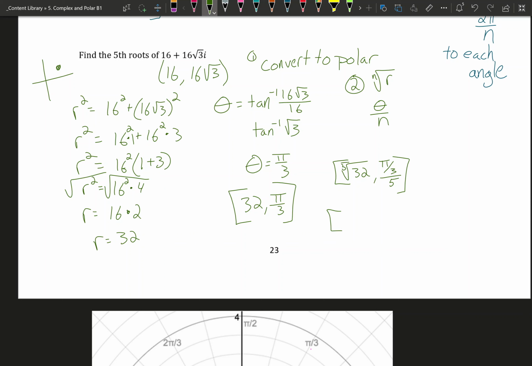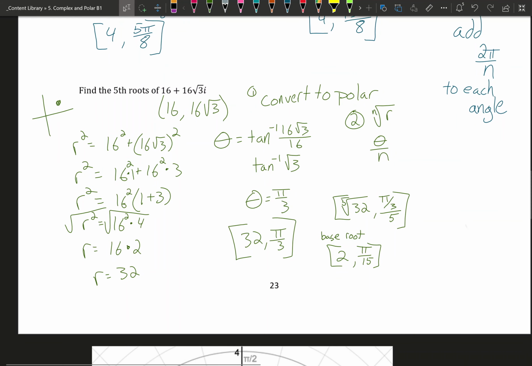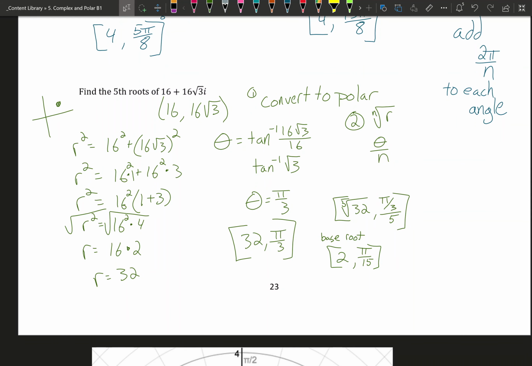Our first root is going to be, well, the fifth root of 32 is 2. Pi thirds divided by 5 is pi divided by 15. We can call it our base root. Everything else is going to be based off of this. Each time we're going to add 2 pi divided by n. And we'll see why we do that in a little bit.